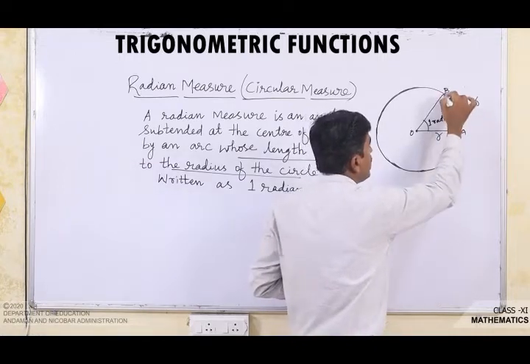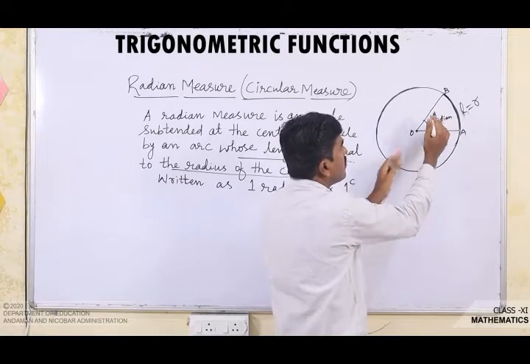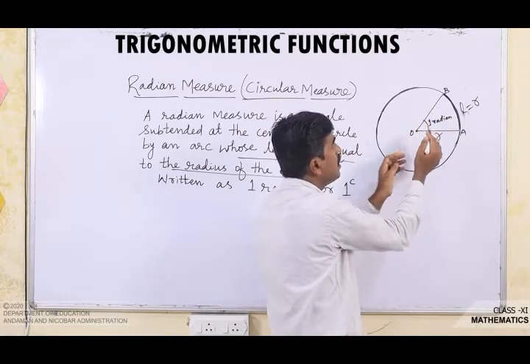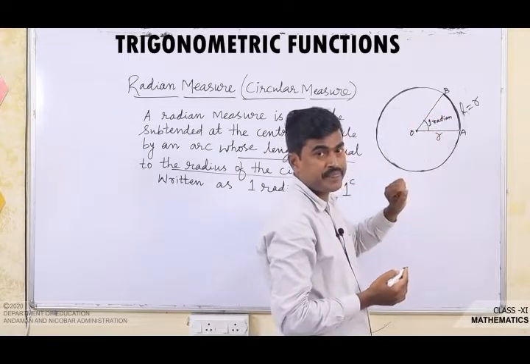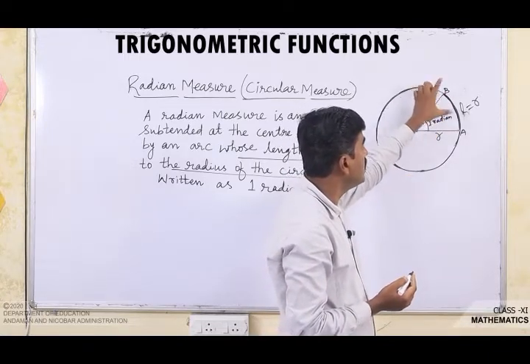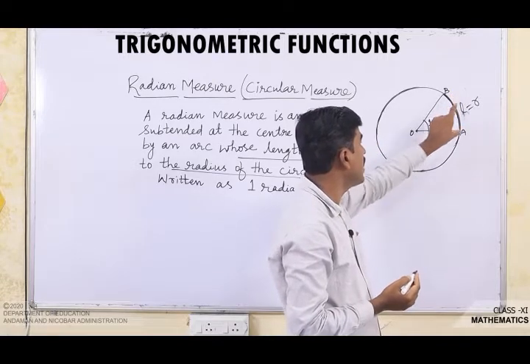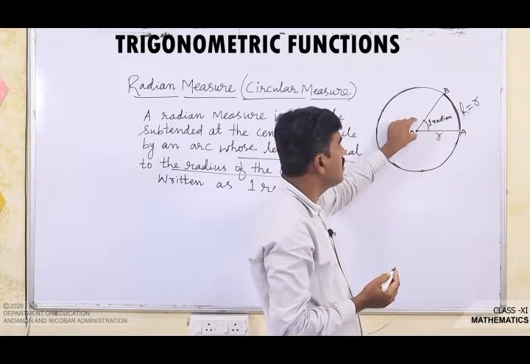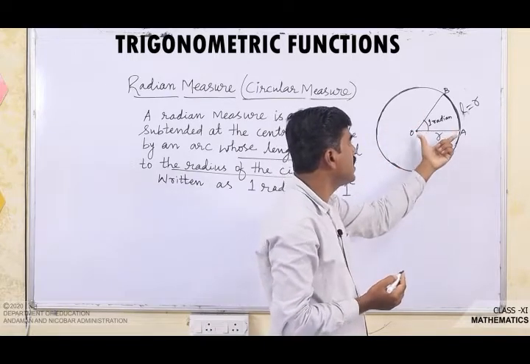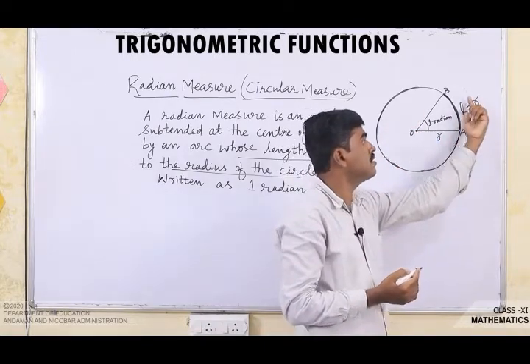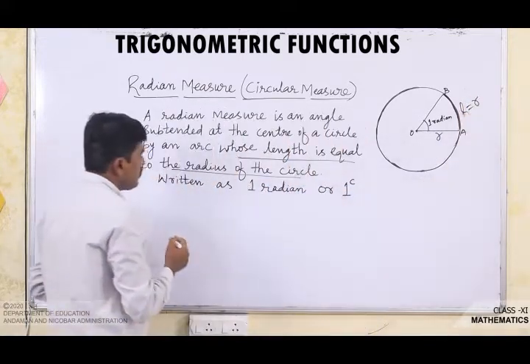So, if this arc subtends an angle theta at the center of the circle, then this theta measures 1 radian. In this case, the radius of the circle is the same as the length of the arc.